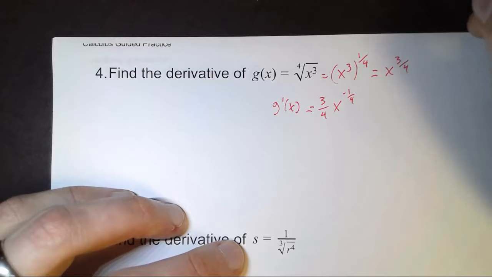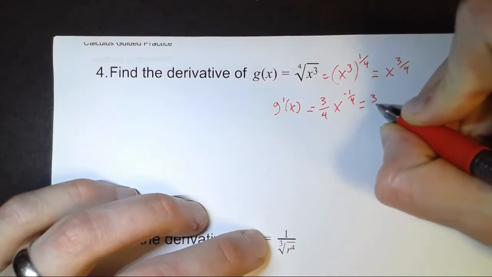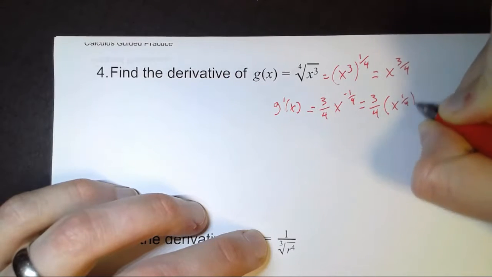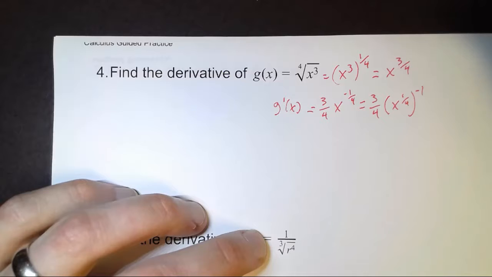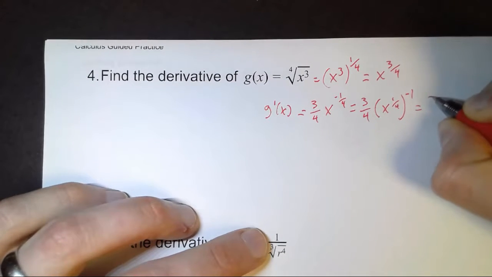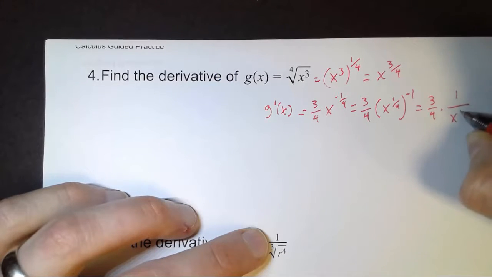And that's what g prime of x equals. And again, we'll simplify this. We have 3/4 times x to the 1/4 to the negative 1 power. And that's the same as 3/4 times 1 over x to the 1/4.